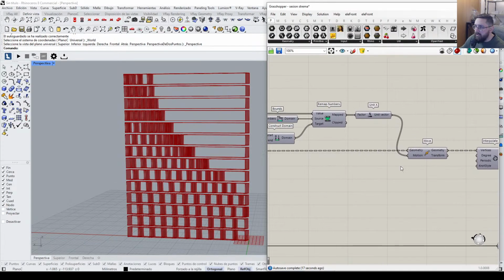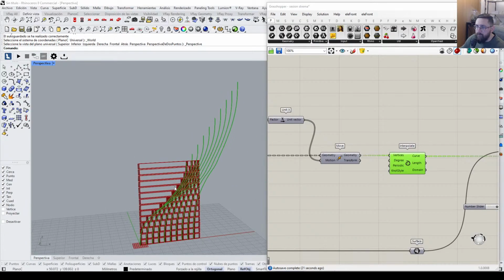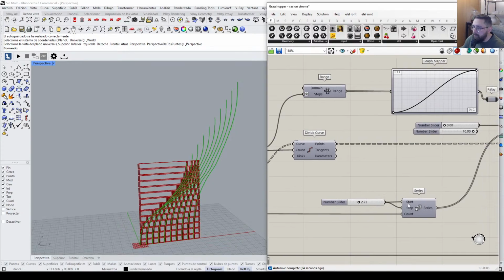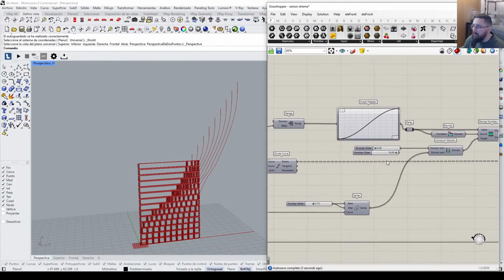Let me quickly check something. These are my original curves. Okay, let me quickly modify something. Oh shoot, wrong one.